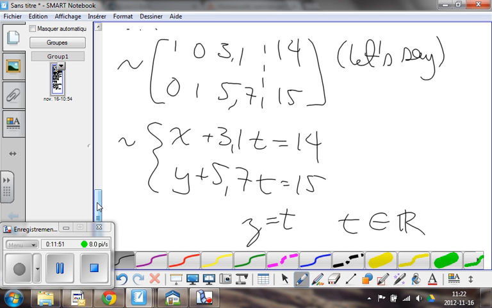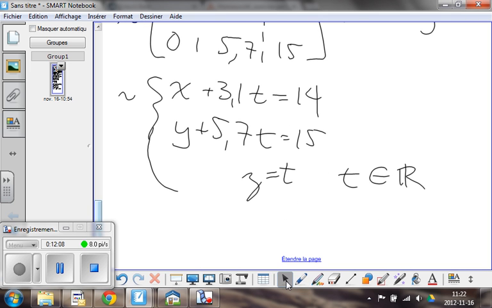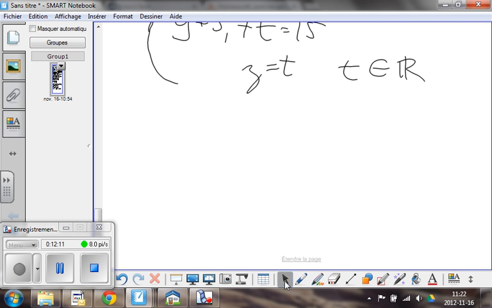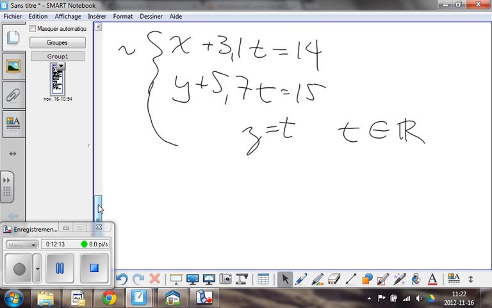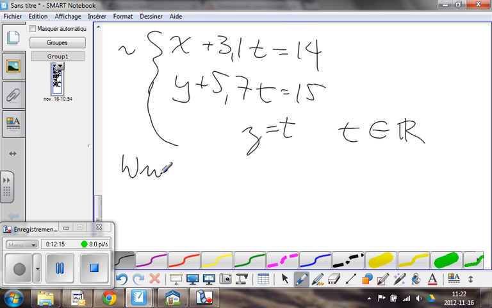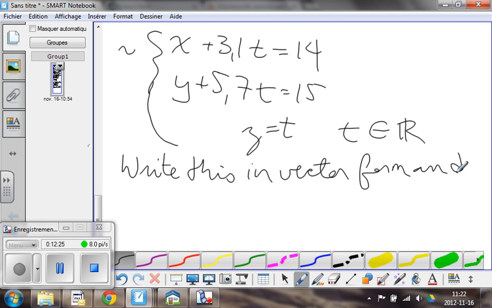And the last step is you have to use the system and write it down in vector form. And it's going to look like a line. That's the only step I'm going to leave to you. So write this in vector form, and it should look like a line.